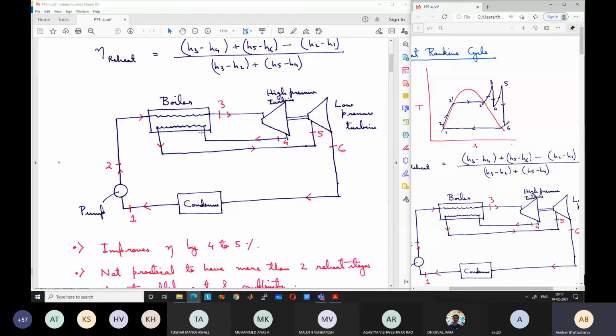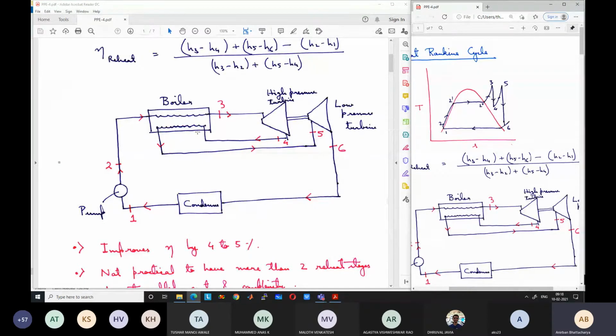Okay, it is brought back to the boiler, and here it is again heated. So we are schematically showing a coil here to show that there is a heat exchanger here. Okay, so again it is heated and it goes back to state 5. Okay, state 5, which is at high temperature. The pressure remains same, it's constant pressure heat addition, but the temperature increases.